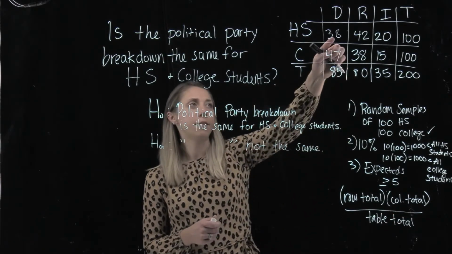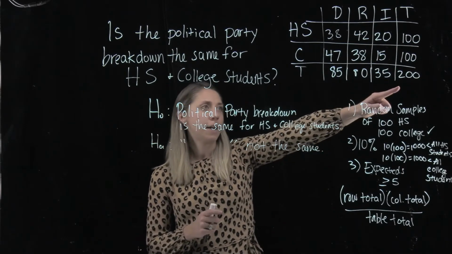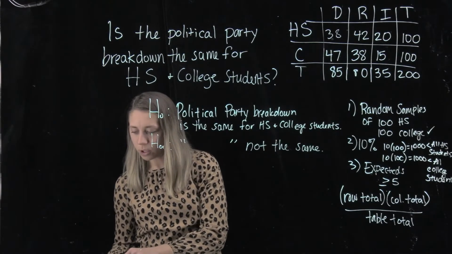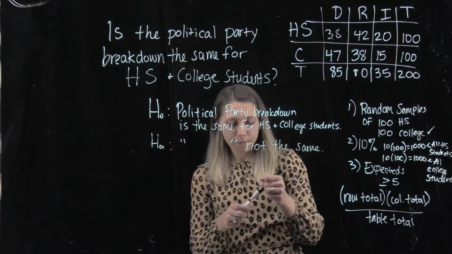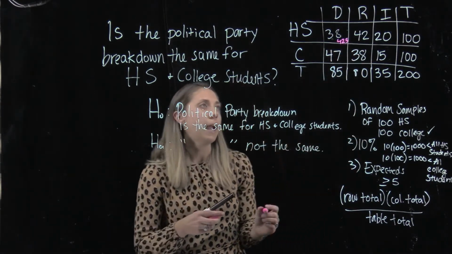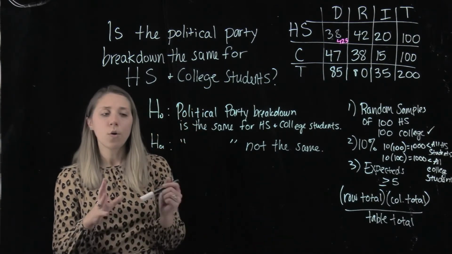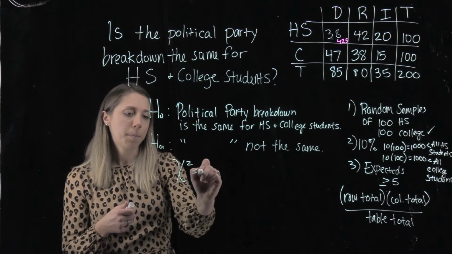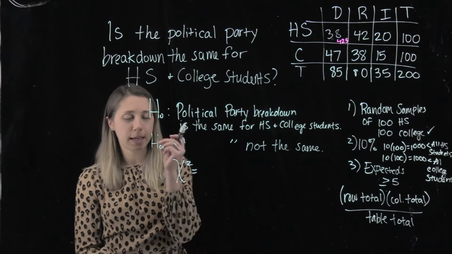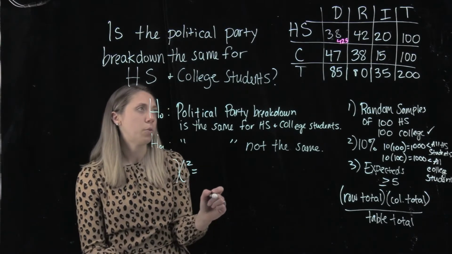So in this case, if we wanted to find the expected there, that would be 100 times 85 divided by 200, which for that particular cell gets us 42.5. And you could check all of those on your calculator when you use chi-squared test. We'll also put your expecteds into matrix B if that's where you set them to go. So if you want to do that, you can.